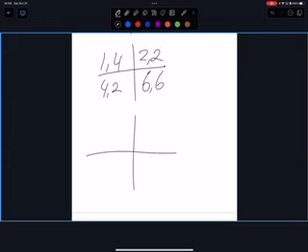FG goes bottom right, because that's the one you need. Which length represents FG? DF. DF, that goes on top, bam, bam.